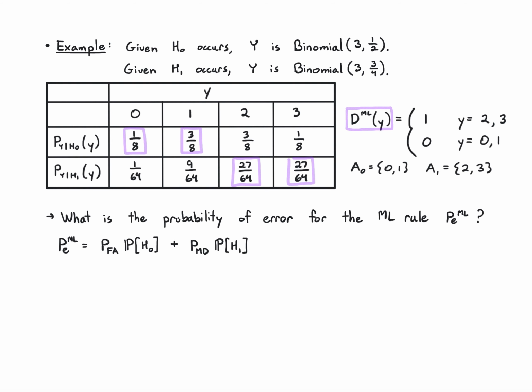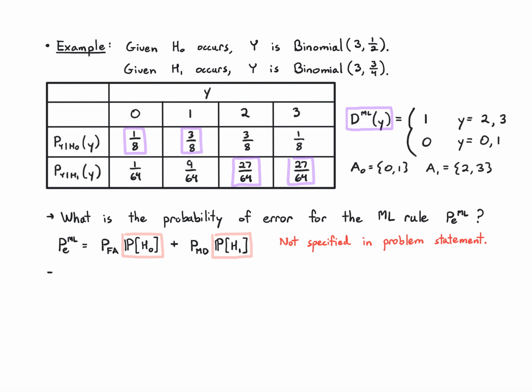Now, here's the weird thing. We didn't actually specify either of these terms, the hypothesis probabilities, in the problem statement. We should have, right? But I'm just trying to point out to you that without them, I can't proceed any further. It's kind of interesting. I can come up with the ML rule, so I know how to make my decisions using only the measurement model, y given the hypothesis, but I don't know how to calculate what the resulting probability of error should be because I don't know the balance between H0 and H1, how often one occurs or the other occurs.